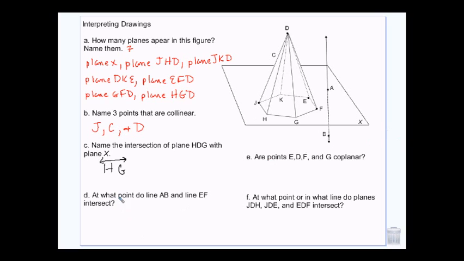Okay, at what point do line AB and line EF intersect? Well, we don't really know, do we? If this was your paper, what I would recommend is you take a ruler and extend out this line and see where it intersects. Oh dear, I drew it wrong. It's supposed to intersect there. I was copying this out of the book, so I don't think I lined it up quite right.